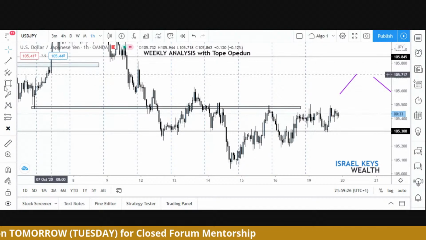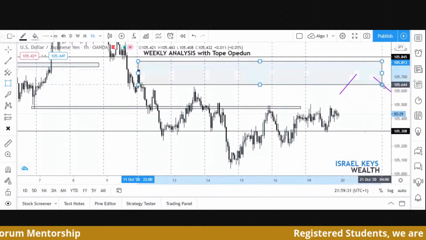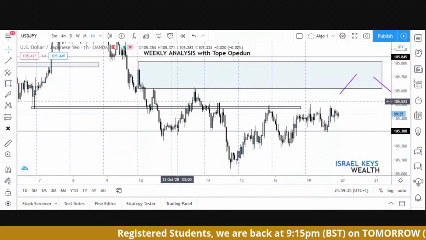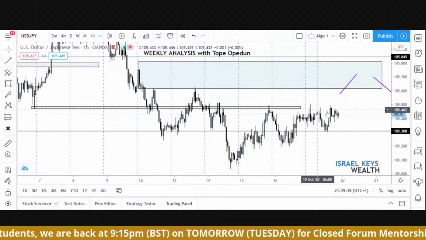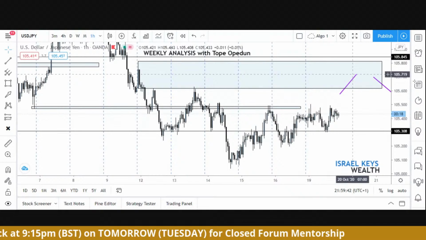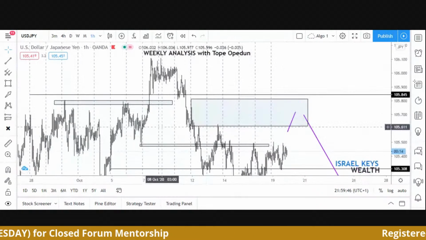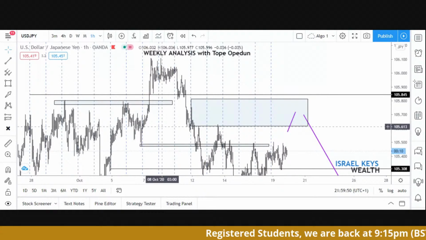Look at this bearish H1. There's a possible interaction with this range, and then price drops from there. So that's what I will be stalking if I were looking at US dollar JPY.